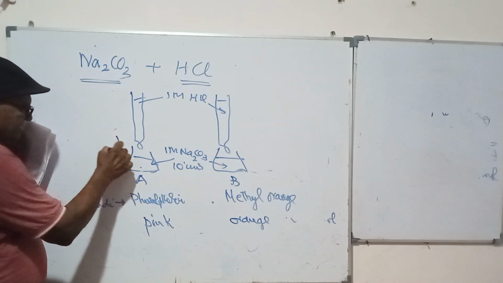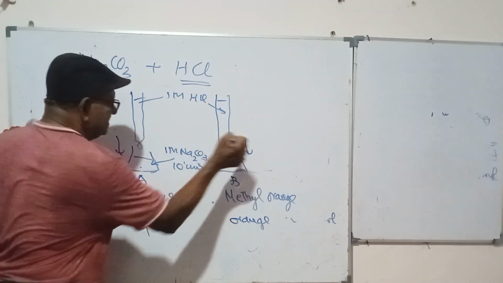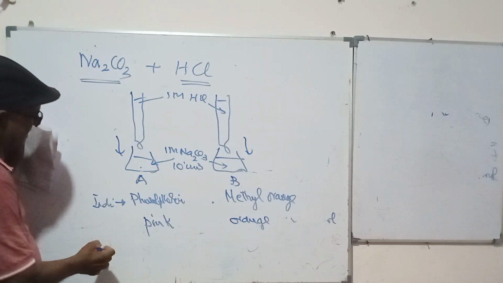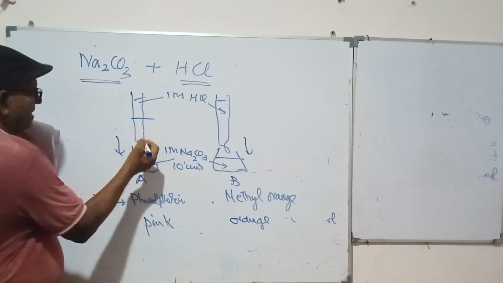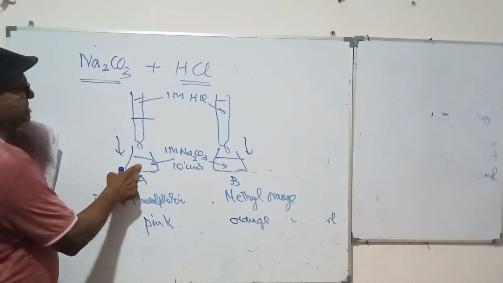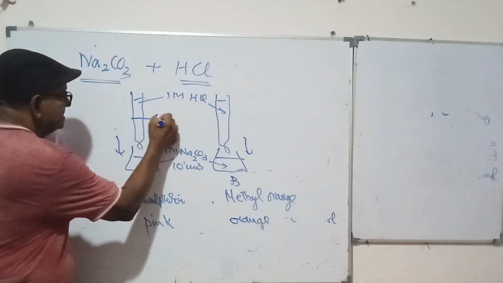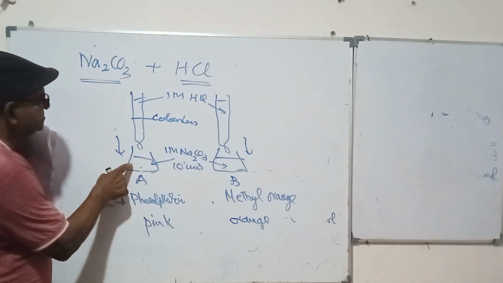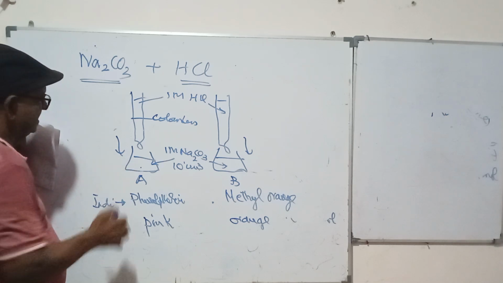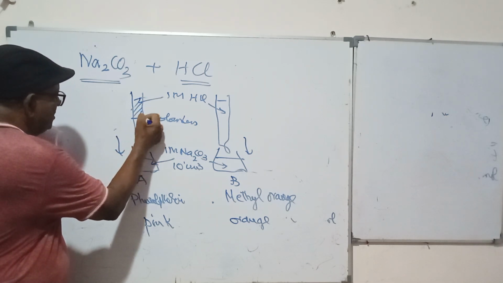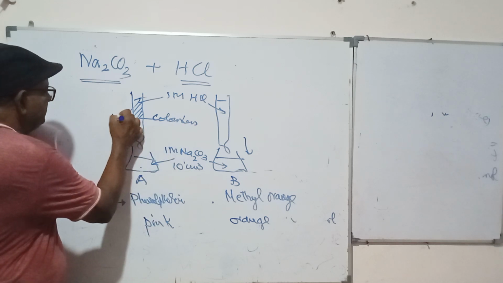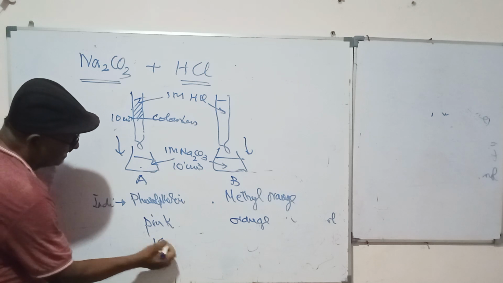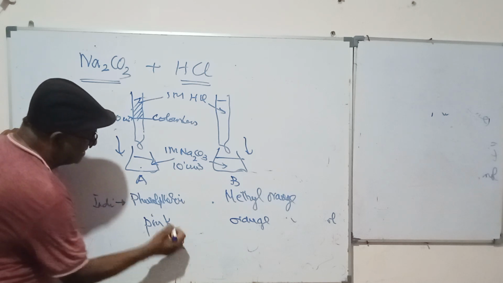Then we are adding HCl gradually. At the end point, that solution gives colorless, because it becomes acidic. The required volume of HCl is 10 cubic centimeters.